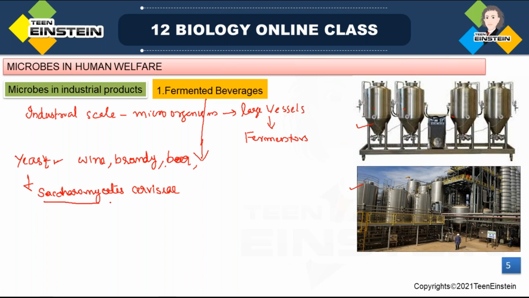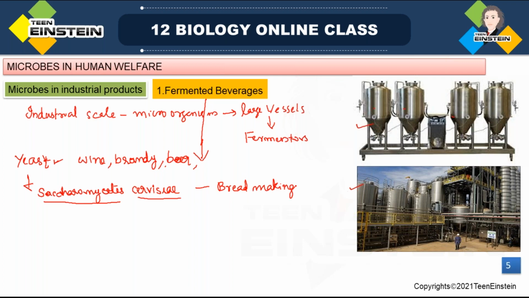Okay, so this is the scientific name of yeast, Saccharomyces cerevisiae. It is used for bread making also. Saccharomyces cerevisiae has a very good role in bread making.